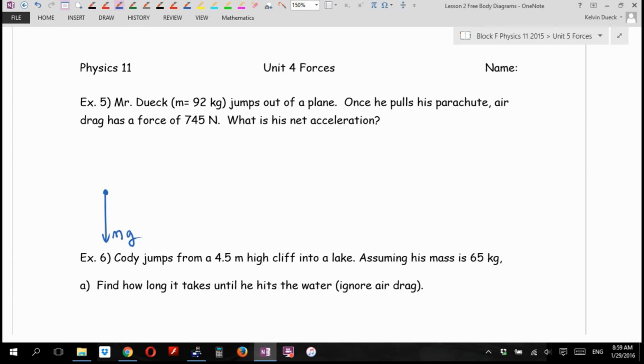You know what? I'm not sure. Could you quickly go mg on your calculator? What do you get? 92 times 9.8, what do you get? Oh, air drag, bigger, smaller, or the same size as gravity? Smaller.